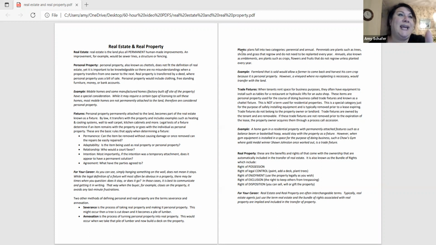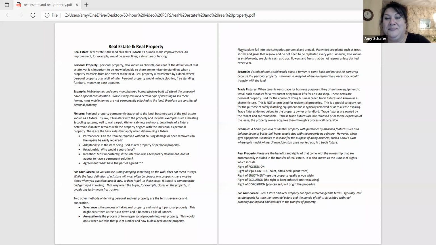So this is real estate on steroids. Okay, real property means that you not only have ownership rights, but you have this bundle of rights that goes with it. You've got the right to possess your property. You've got the right to legally control it. You want to paint your house retina burning orange and it's legal to do in your city, you do it.